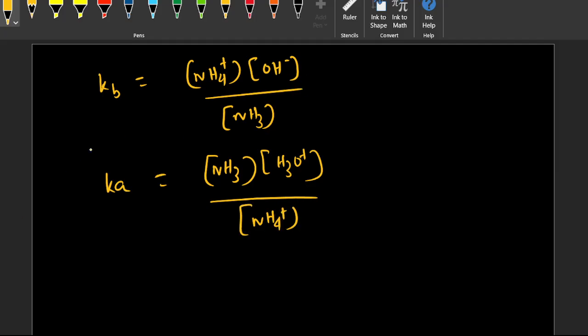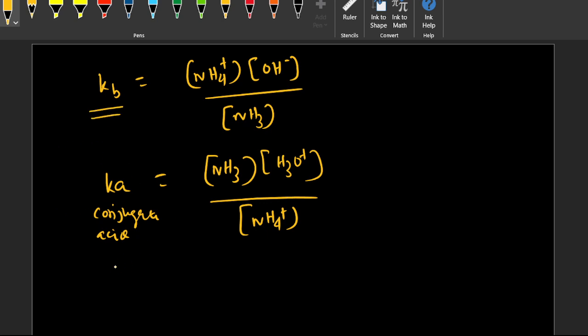So this is the equilibrium constant for the base, and this is for the conjugate acid. For this base, the conjugate acid equilibrium constant is this.